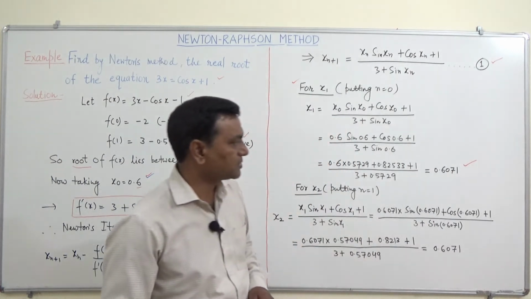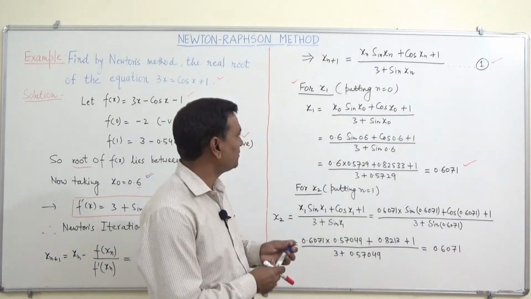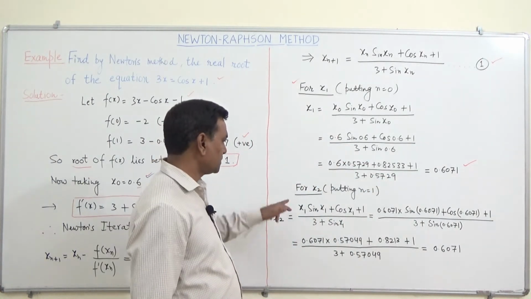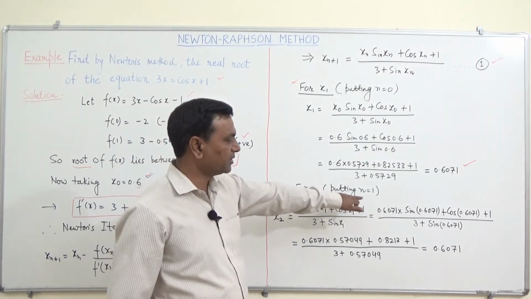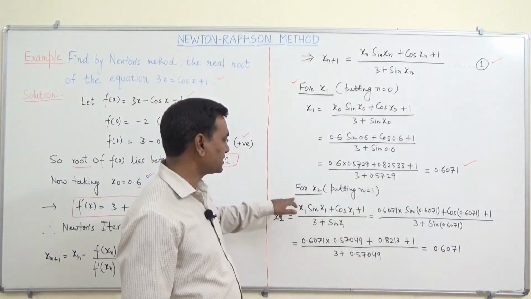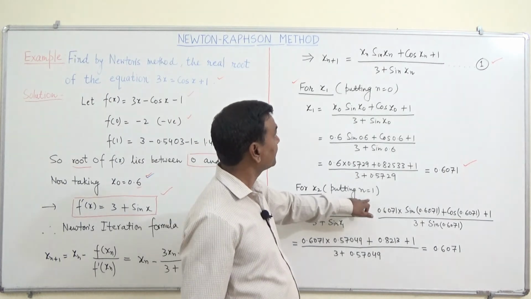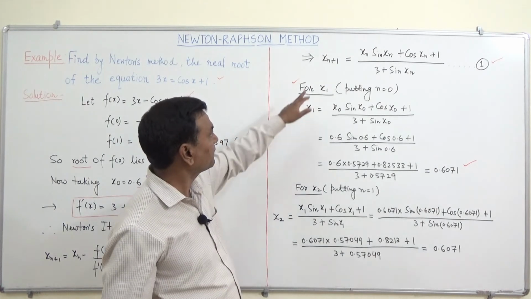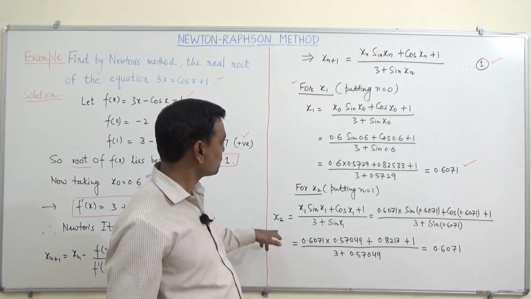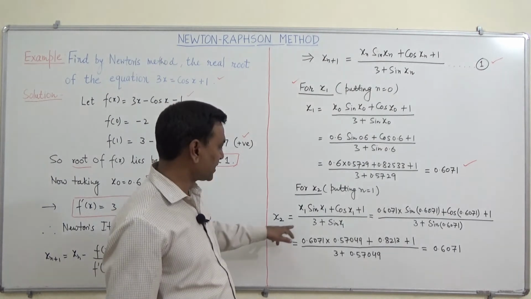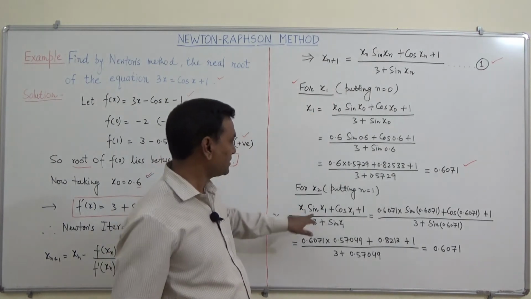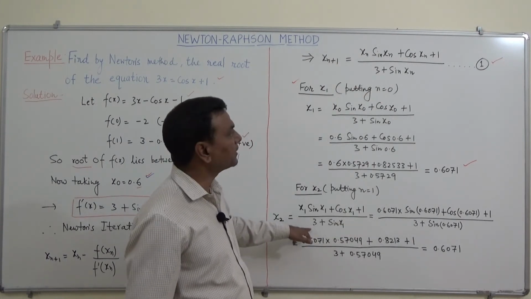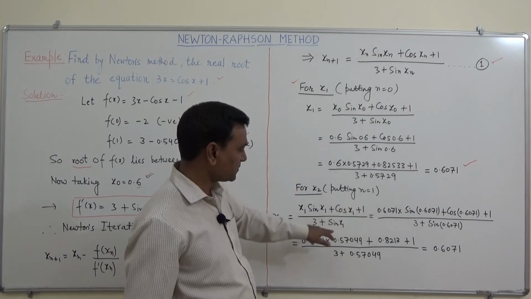So the value of x1 is 0.6071. Now we put the value of x1 to calculate x2, so for x2 we put n equals 1. So x2 is x1 sin x1 plus cos x1 plus 1 divided by 3 plus sin x1.